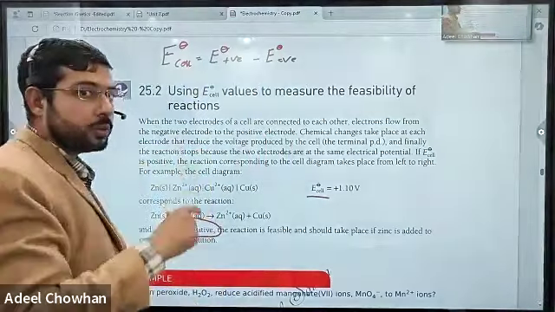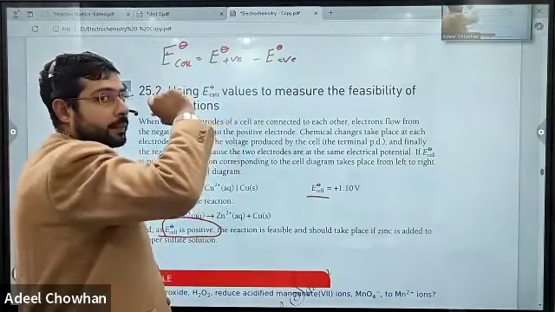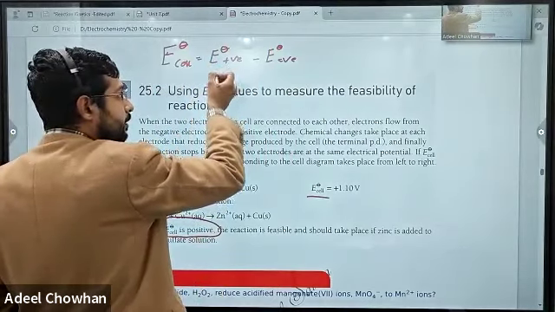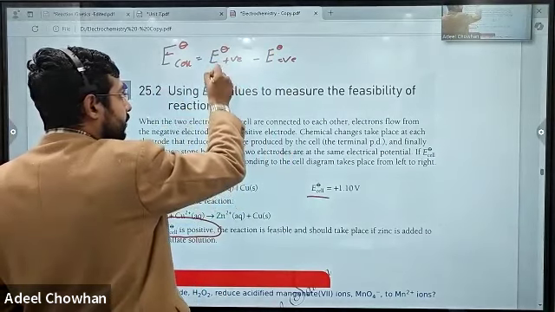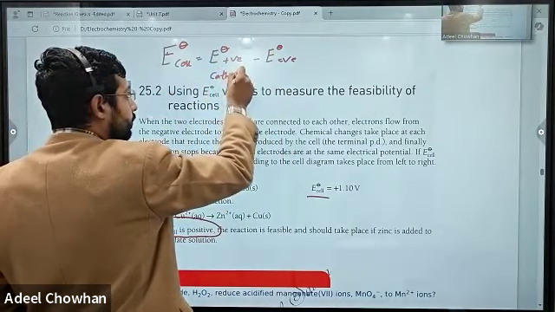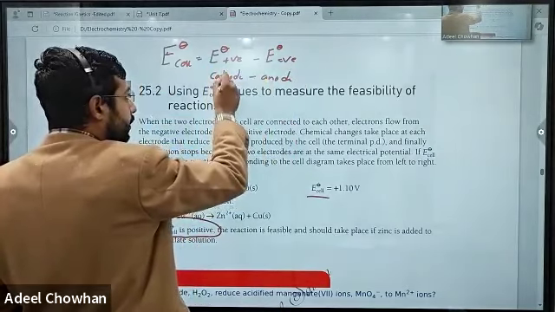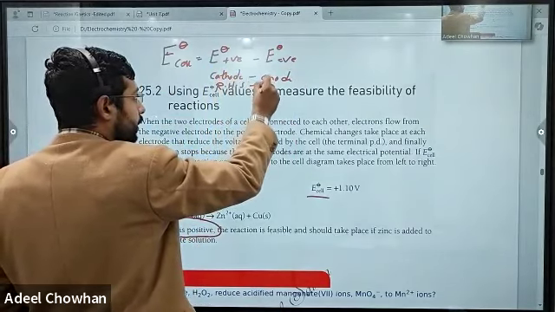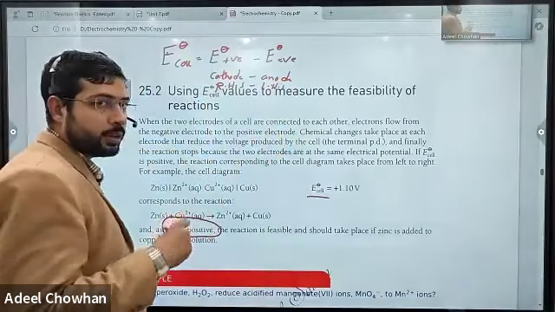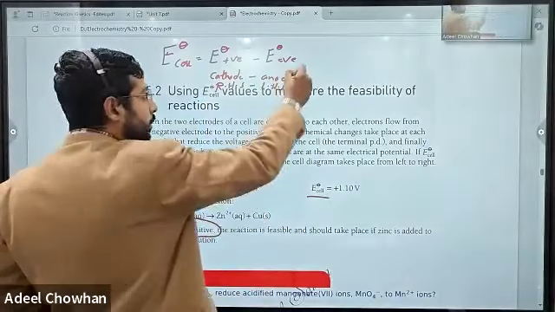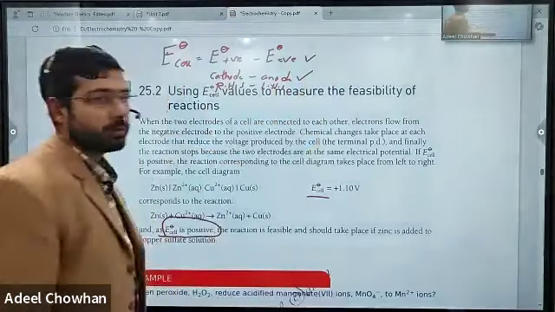What are the other names of these E positive and E negative? That is cathode. Cathode minus anode. And the other way, right hand side minus left hand side. But that is not a universal formula. However, you can use E cathode minus E anode, or E positive minus E negative.